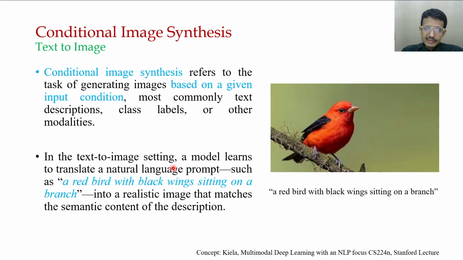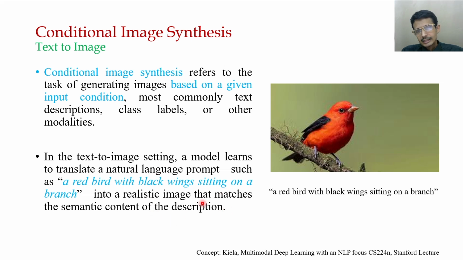So, in this text to image setting, the model learns to translate a natural language prompt. We said this is the prompt: a red bird with black wings sitting on a branch, into a realistic image that matches the semantic content of the description.